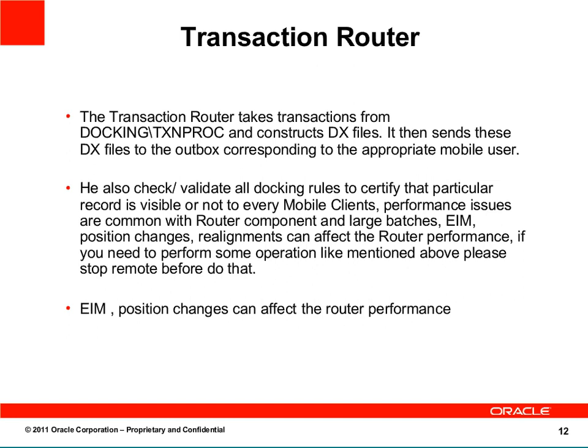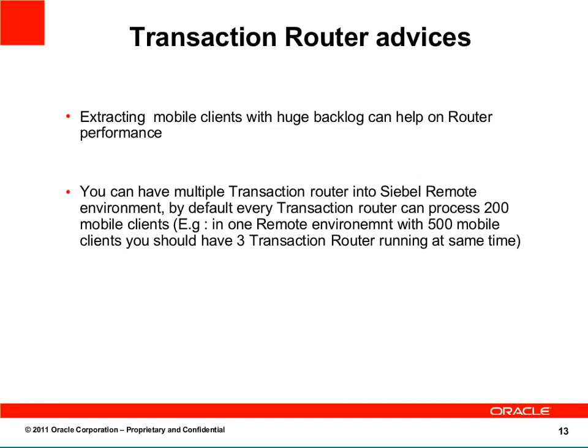Some advice about the transaction router. These are the basic ones. One of the recommendations on the support side is to try to extract mobile clients with a huge backlog, which helps a lot with router performance. Sometimes you have, for example, 1,000 mobile users, but just 150 mobile users have a huge backlog of transactions to send to them.